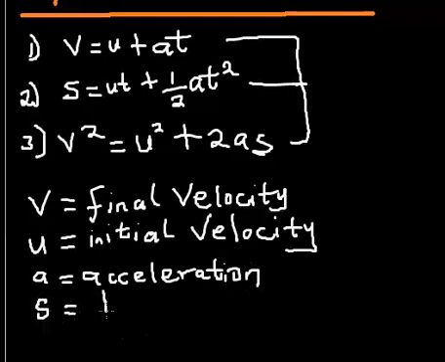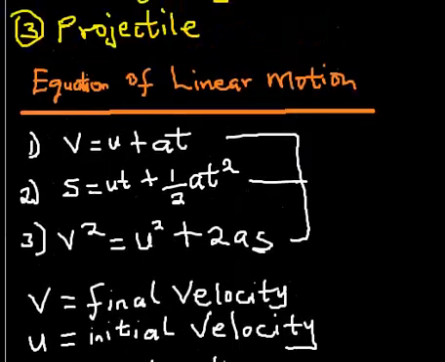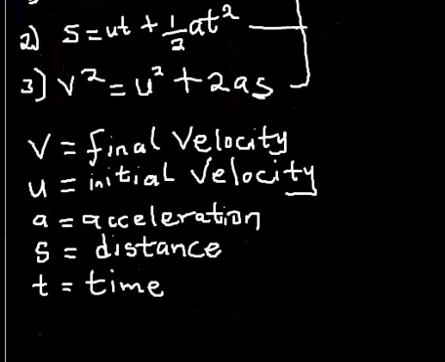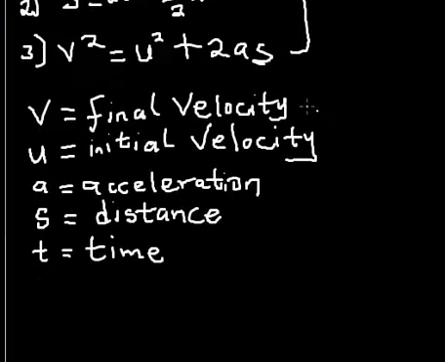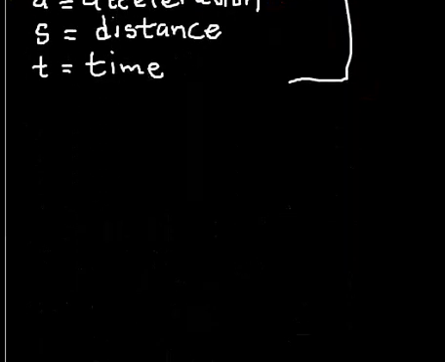Please take note, we use s to represent the distance travelled. Then t, we use t to represent the time. So these are the parameters that you see in this equation. Now the question is, how do we apply this equation?